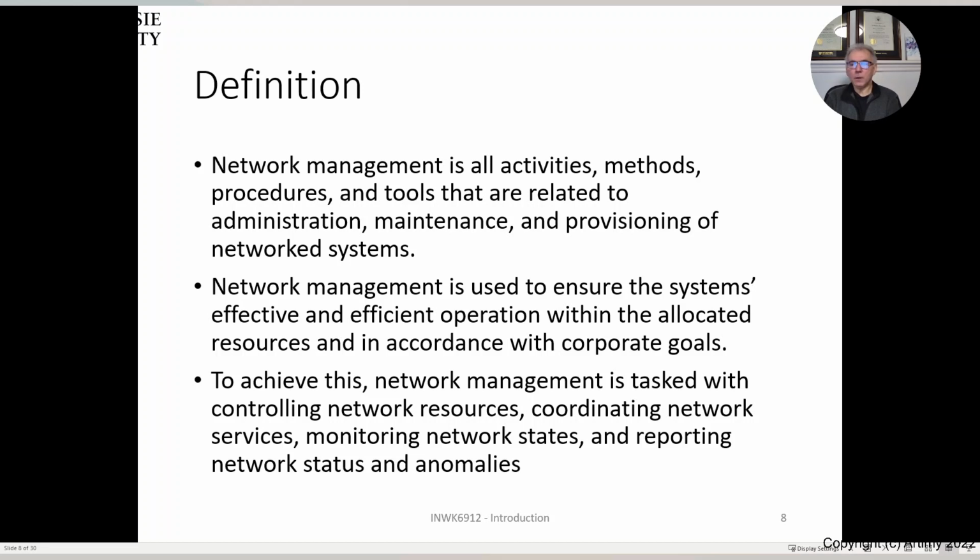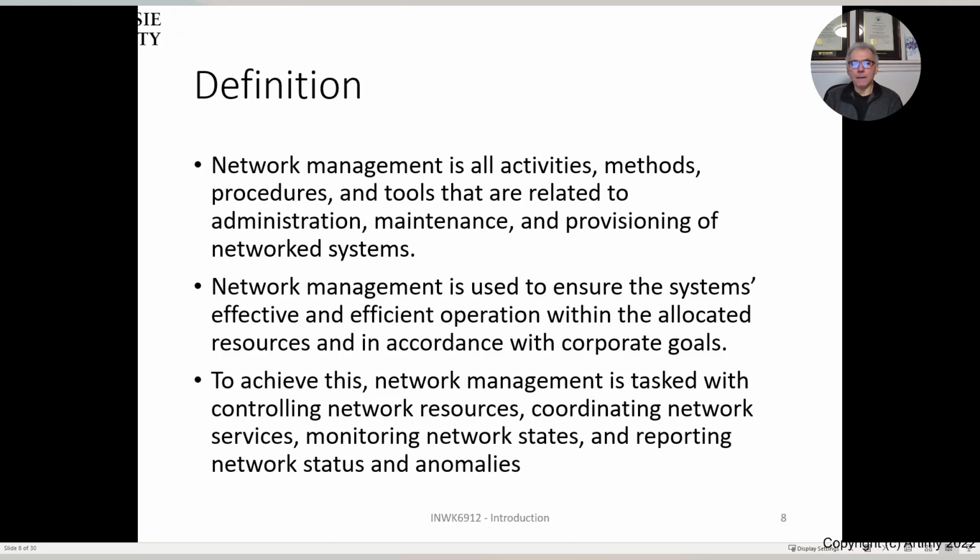Okay, so now we talked about network management. So what is the definition? This definition comes from different sources, and you can see the sources in the reference section in your notes.